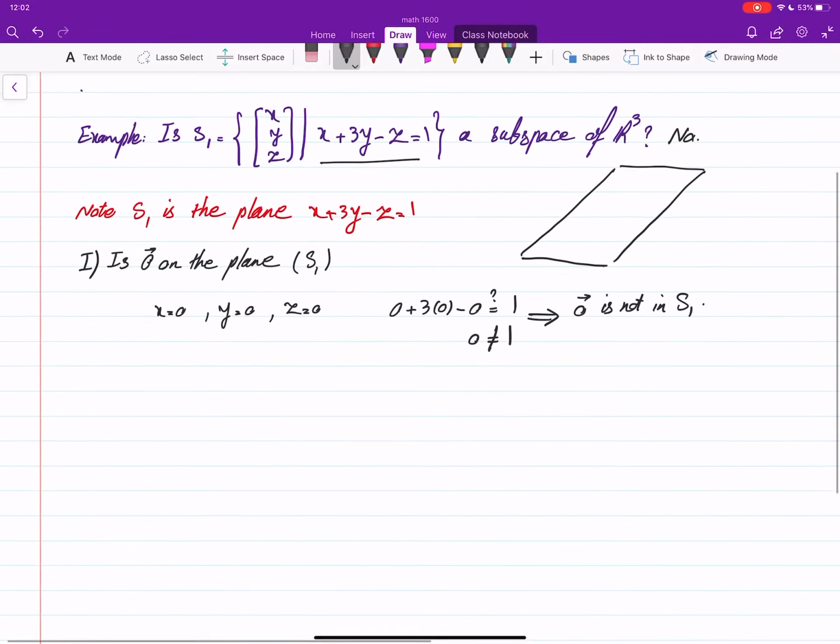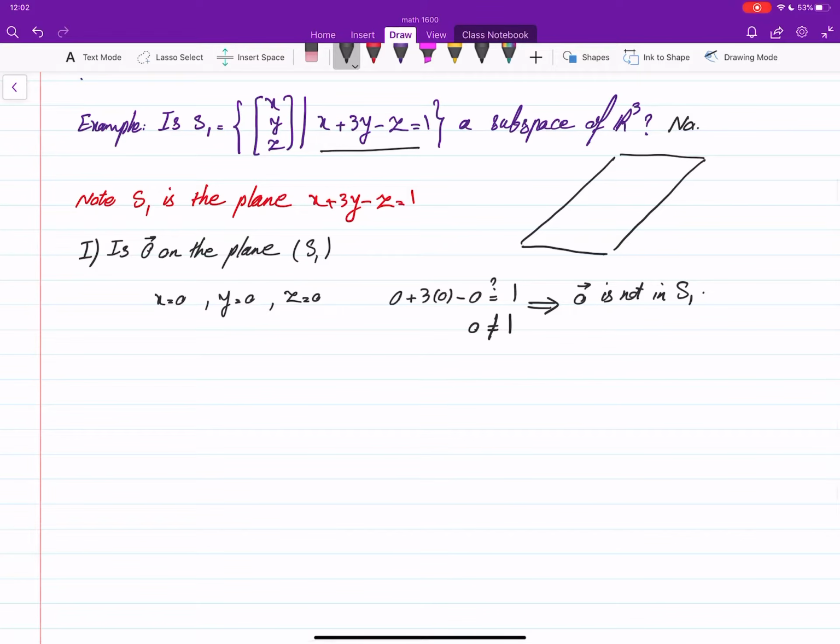Well, you can say we should not stop here. We want to see in general the vectors of a plane. So we can write the general form equation.